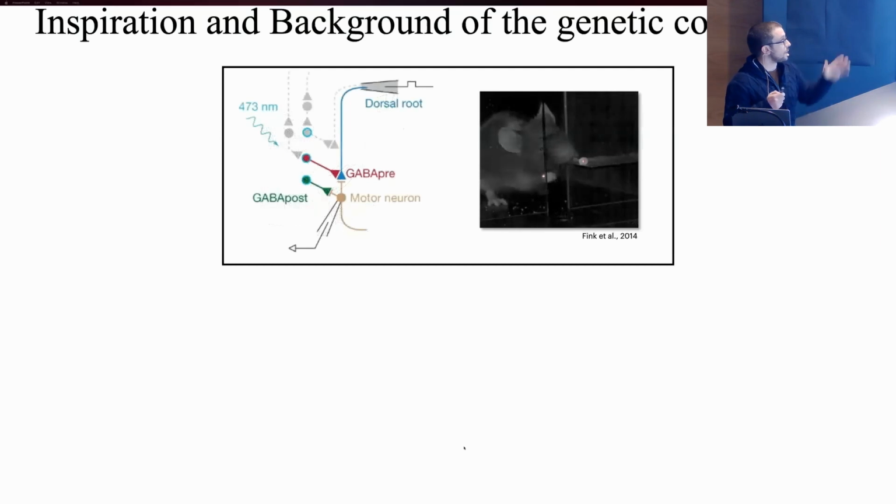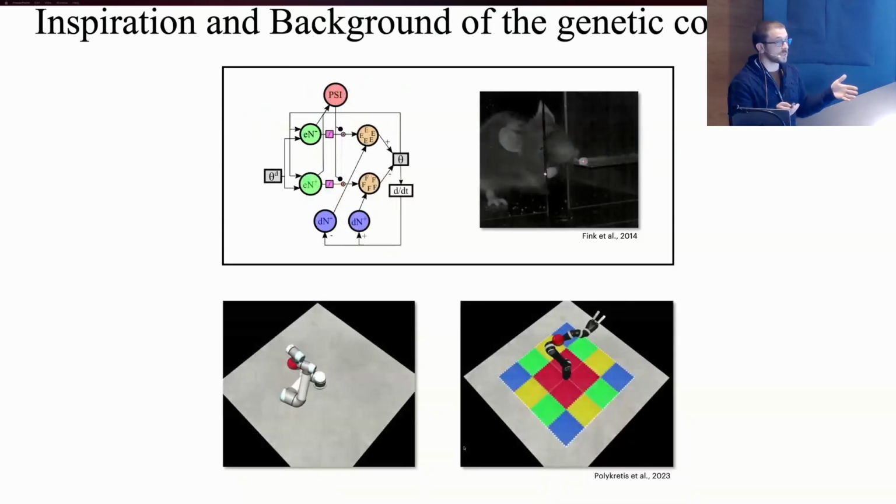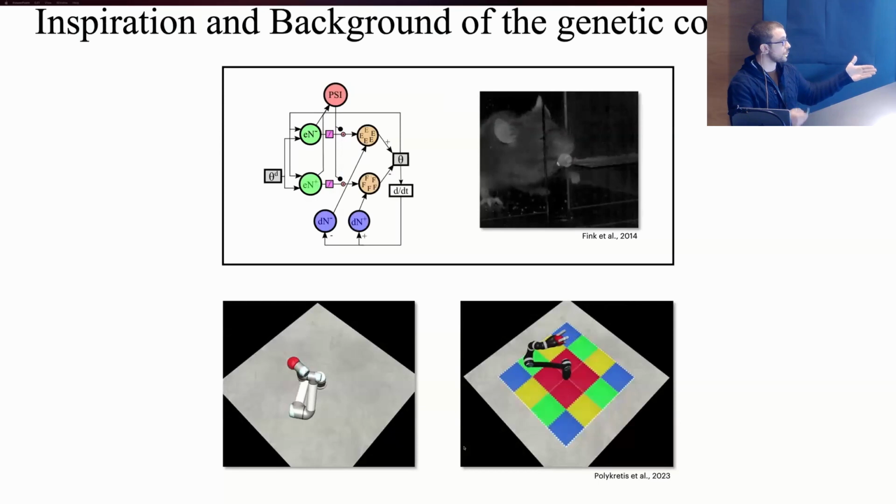And since these networks have been characterized in a deep biological context, they have also been approximated in silico with spiking neural networks so that they can reproduce this type of movement.